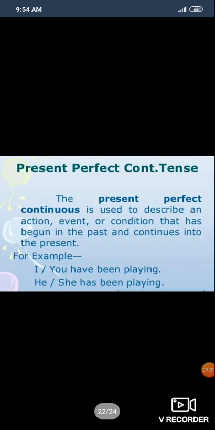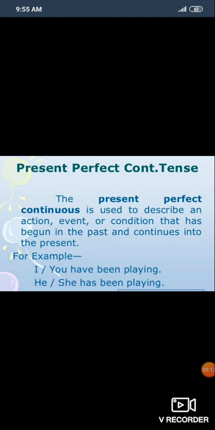Next is the present perfect continuous tense. Now what is the present perfect continuous tense? The present perfect continuous is used to describe an action, event, or condition that has begun in the past and continues into the present. Like, I or you have been playing, he, she has been playing.